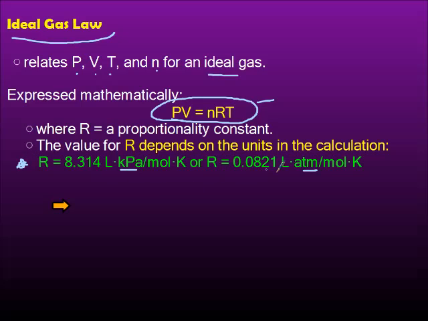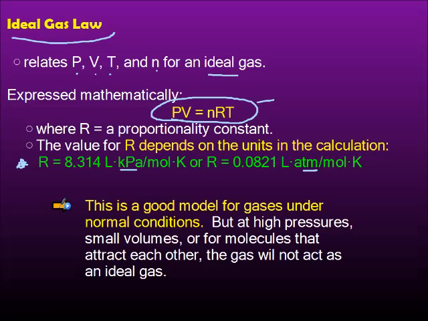The difference between these two, you could actually apply your conversion factors to and prove that 8.314 equals 0.0821 in a different unit. But it's easier to just use the units. If the problem gives you kilopascals, use 8.314. If the problem gives you the pressure in atmospheres, use 0.0821.